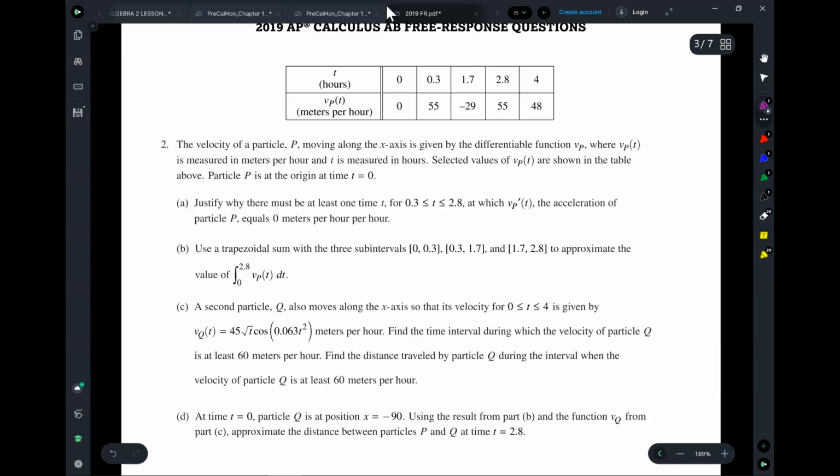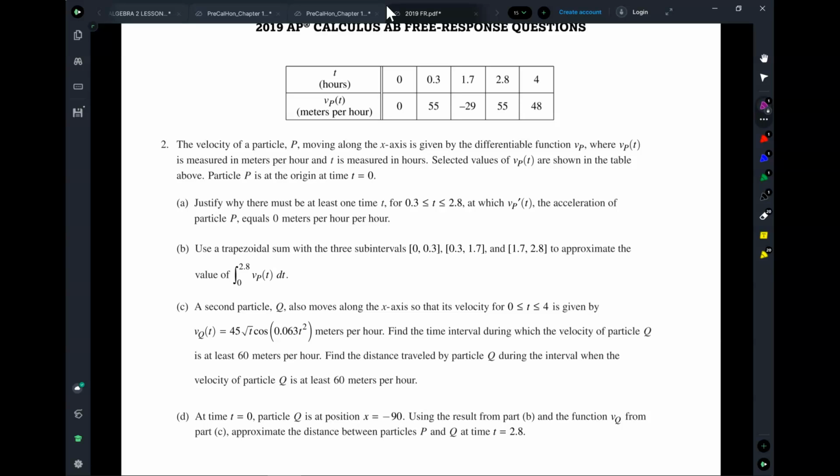So let's go here. The velocity of a particle P moving along the x-axis is given by the differentiable function Vp, where Vp is measured in meters per hour and t is measured in hours. Selected values are shown. Particle P is at the origin when t is equal to 0.